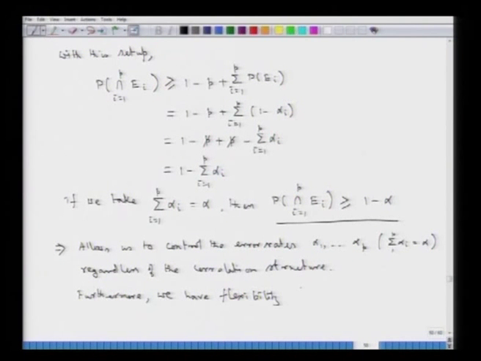We have a flexibility of controlling the error rates, which are the alpha i's, of a group of important parameters, because we can make alpha i corresponding to a particular mu i, which is of more importance to us, smaller, and then have that being compensated by some other mu i which is not that important.